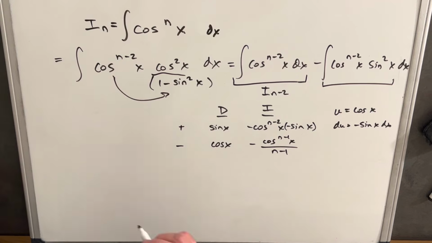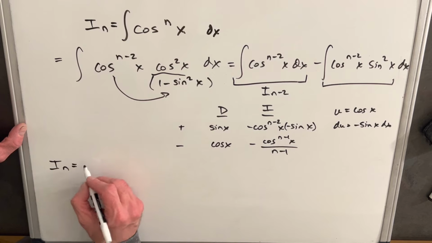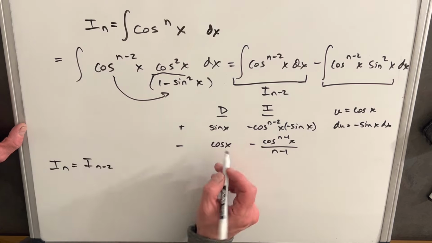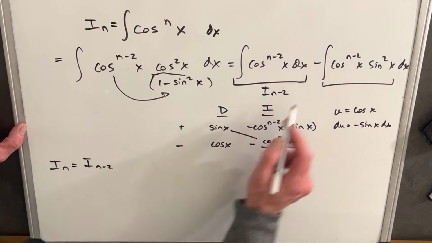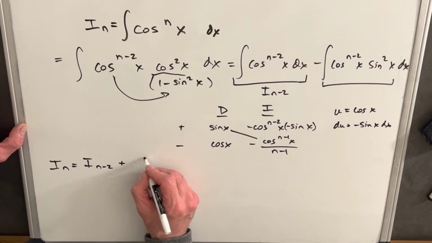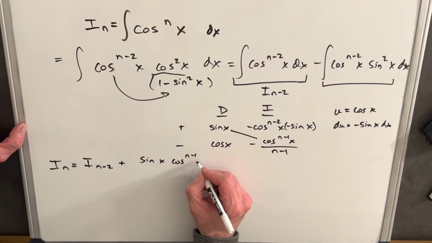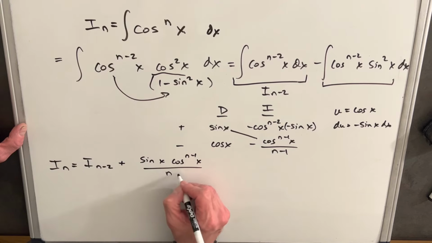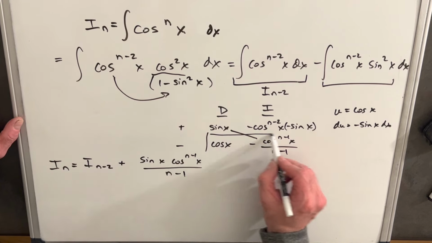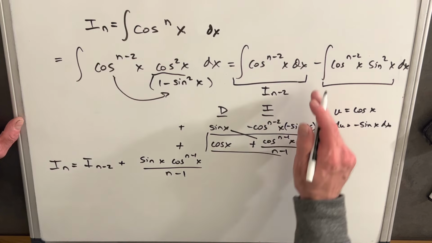So then rewriting our integral, our I sub n expression, we're going to have this piece being I sub n minus 2. Then we're going to have this diagonal, but we're subtracting, and there's a minus here. So minus times minus is plus, and we're going to have sine x cosine n minus 1 x all over n minus 1. Then this next line, we're going to integrate this, but we have a minus and a minus, that's a plus, but we have a minus in front.